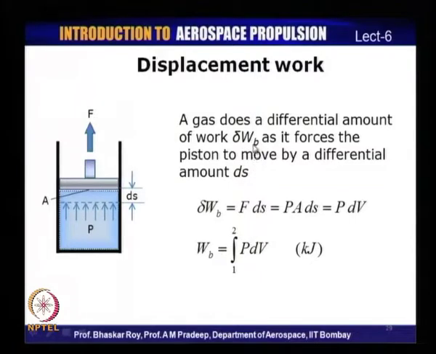It does work equal to delta W_b because it forces the piston to move by a differential amount ds. Therefore, delta W_b, which is the differential work done during this process, will be equal to force times the distance, and as we know, force is pressure times area, because pressure is by definition force per unit area.